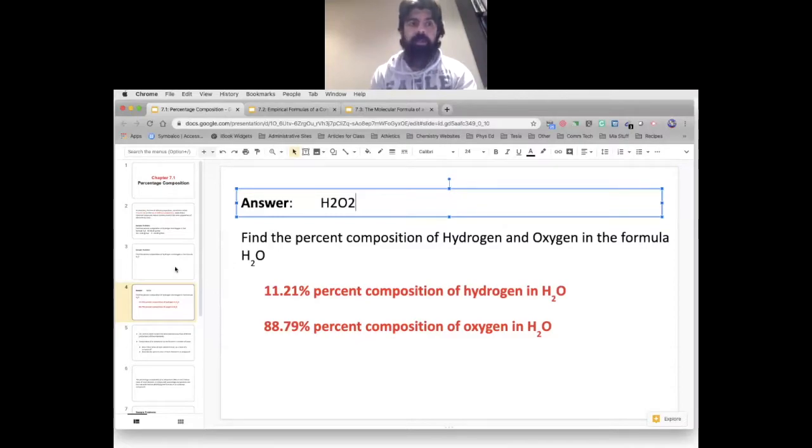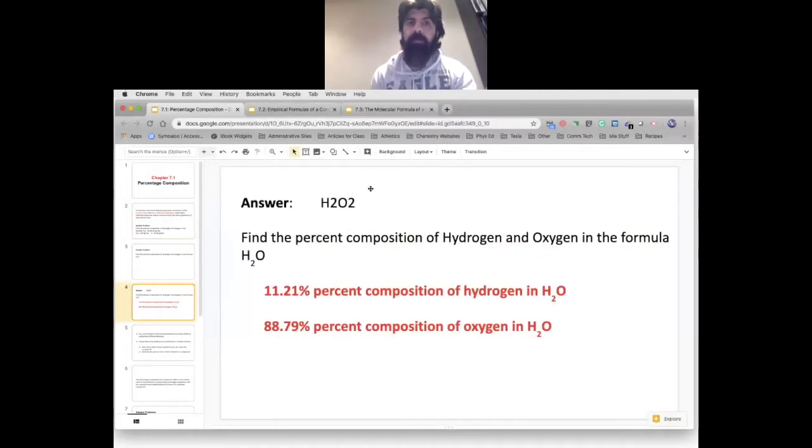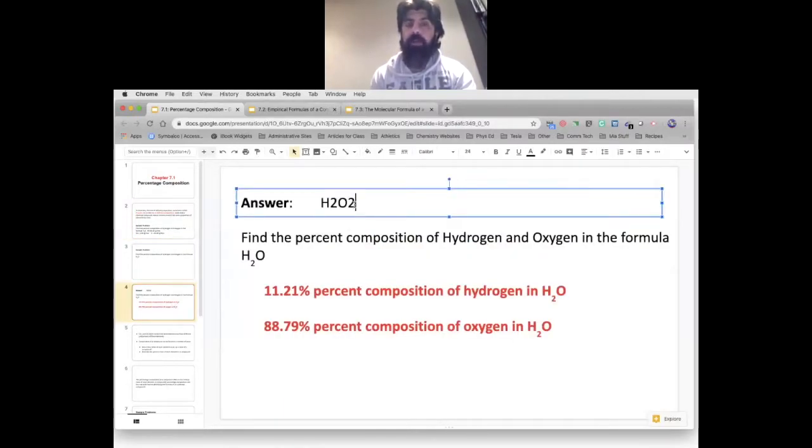Okay, so remember that the mass for water worked out to 18.02 grams per mole, but for hydrogen peroxide, however, we still have the 2 hydrogens, and that will be equivalent to 2.02 grams per mole. But we would now add it to 2 oxygens, which each oxygen is 16, so we'd have a total of 32.00 grams per mole.